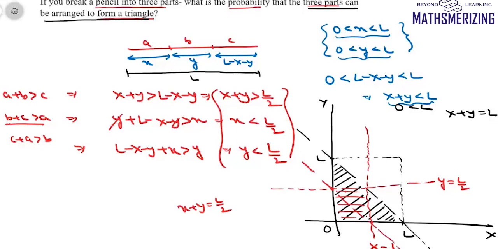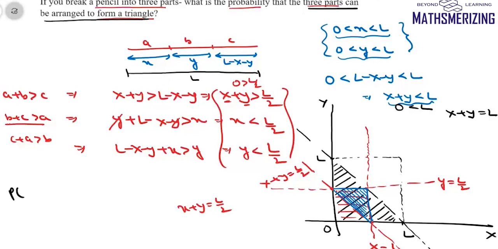So this is x plus y equals L by 2. Now if I put x and y as 0, I'll get 0 is greater than L by 2. So that means 0 doesn't satisfy this inequality. So the region that we need is above this line. So the condition that these 3 parts can be arranged to form a triangle corresponds to this blue triangle.